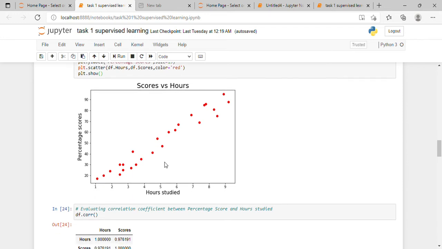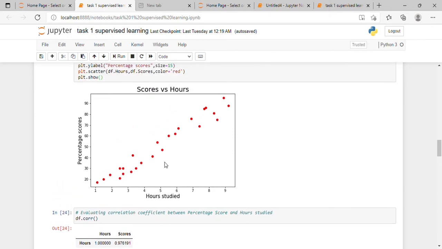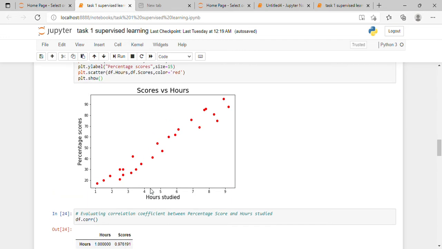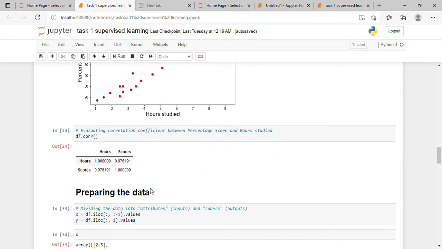By observing the scatter diagram, we can see that there is a fairly linear relationship between the two variables, and it can be validated by the score of data.corr, which comes to 0.97, which is approximately 1. This means that there is a positive relationship between these two variables. It means that if the number of hours studied increases, the percentage score also increases.